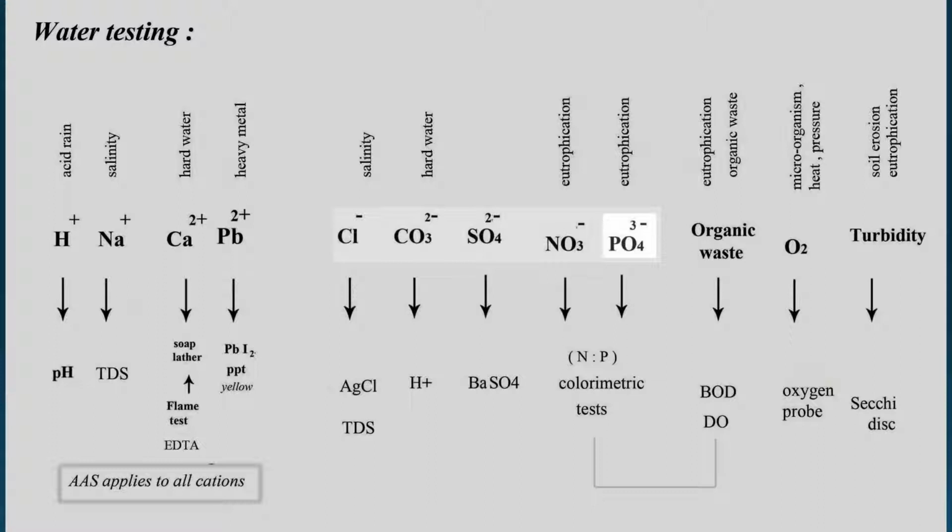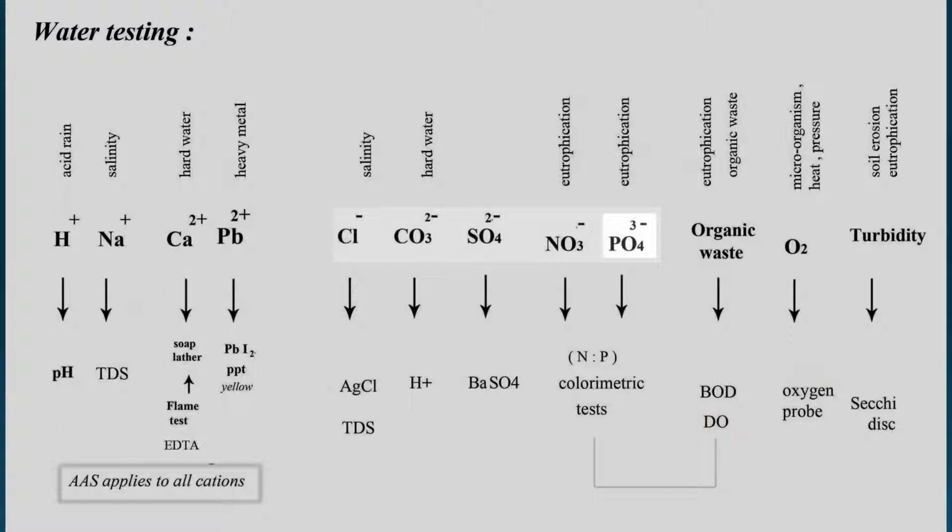And what will be the best test? In fact, the best test is using BOD and dissolved oxygen. Remember, in a eutrophication situation, the BOD will always be high and dissolved oxygen will always be low. High BOD, low dissolved oxygen.